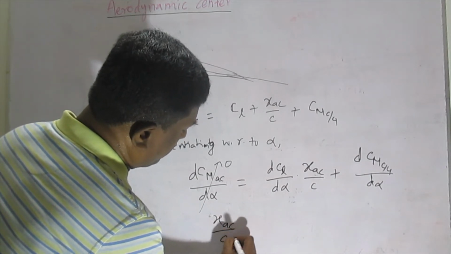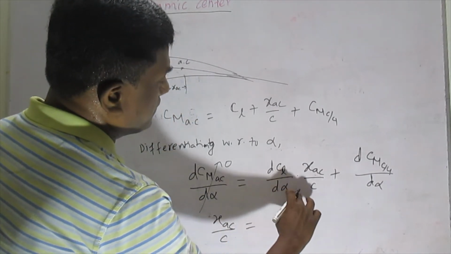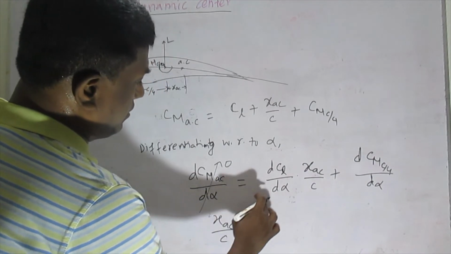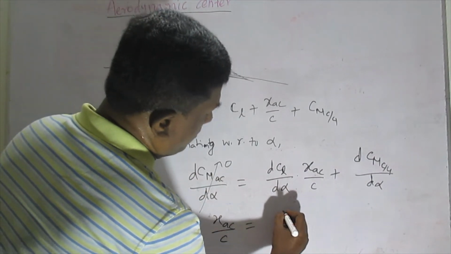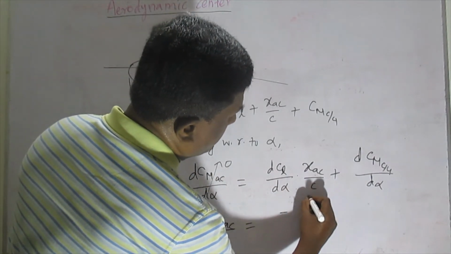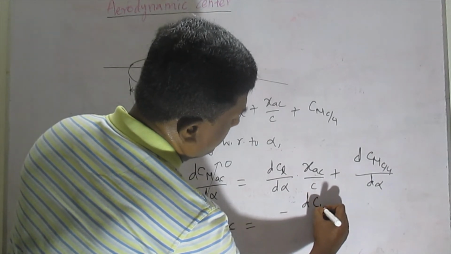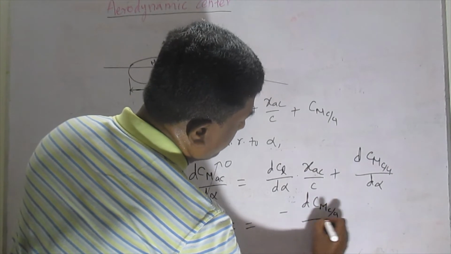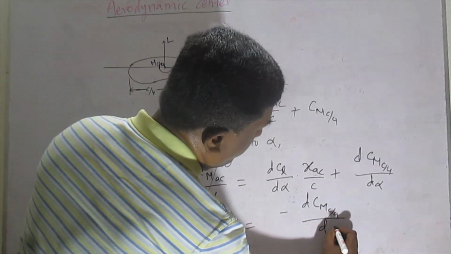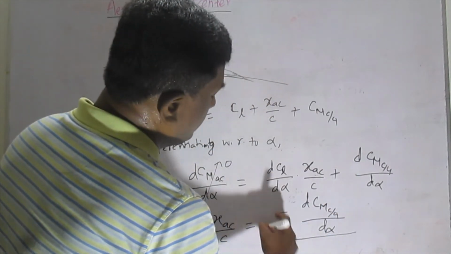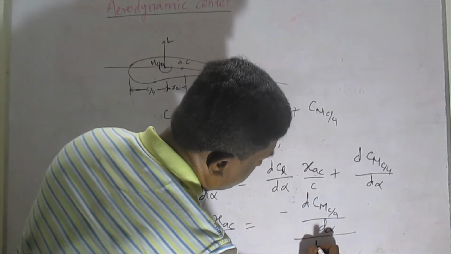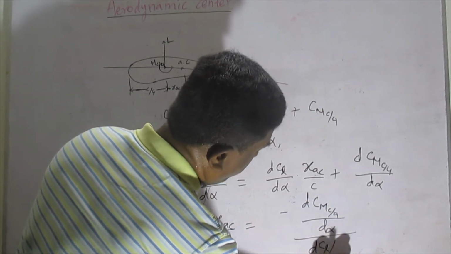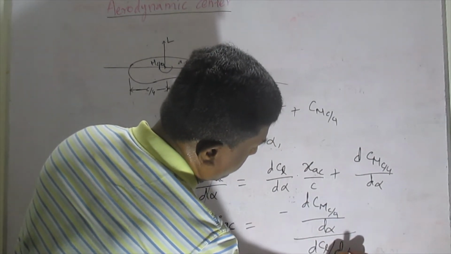X_AC by c is equal to, if we are simplifying further, minus dC_M,c/4 by d alpha divided by dC_L by d alpha.